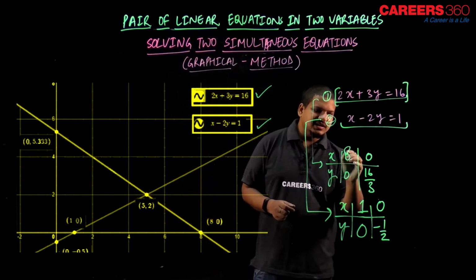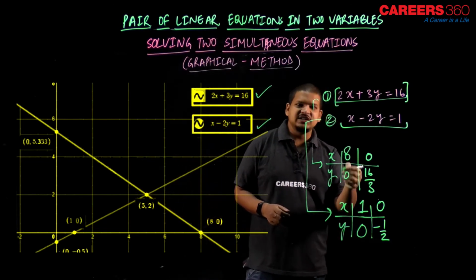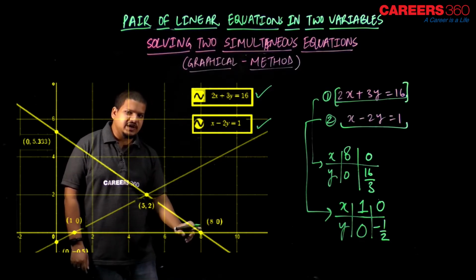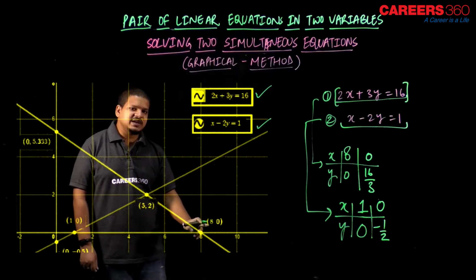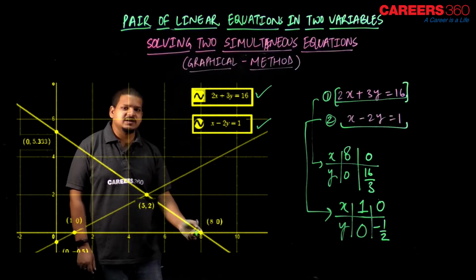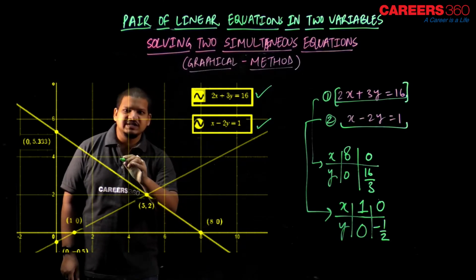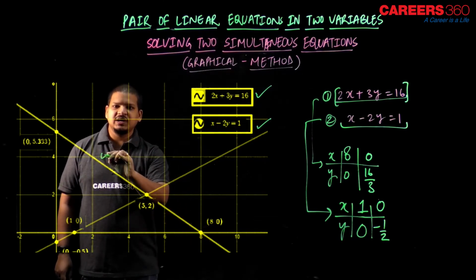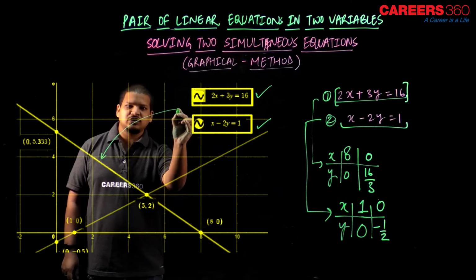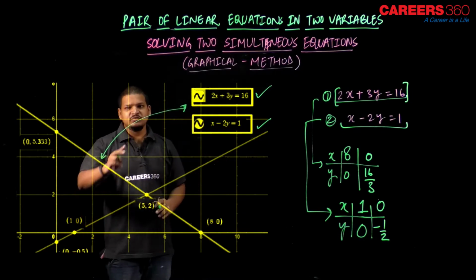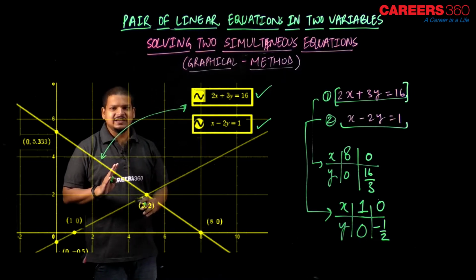See over here the values of x and y are 8 and 0, that is, x is 8 and y is 0, the point 8 comma 0 lying right here, right? So this will be the graph of the first line, right?